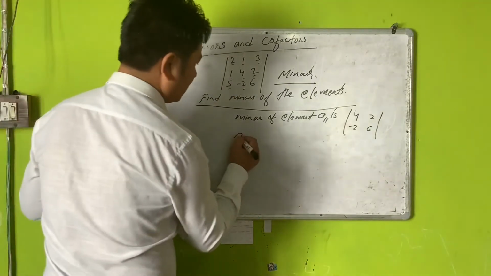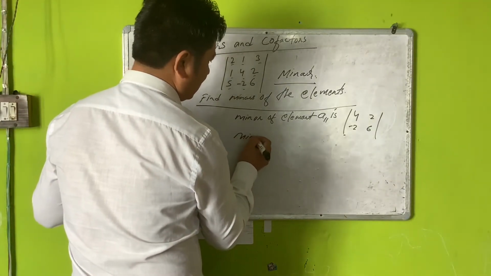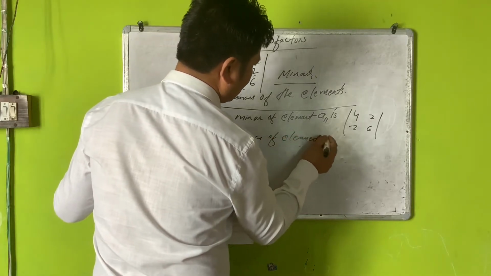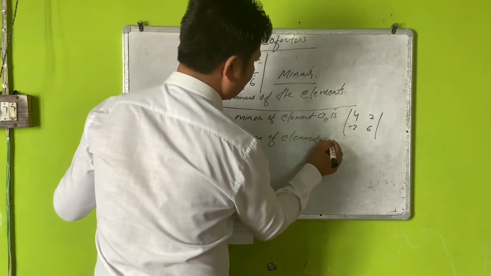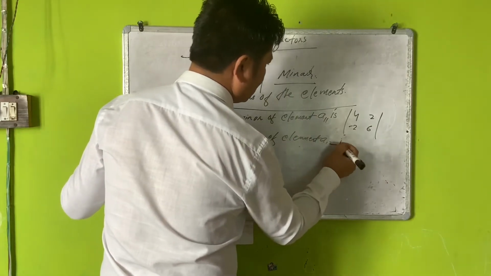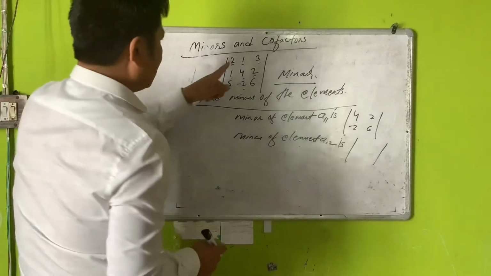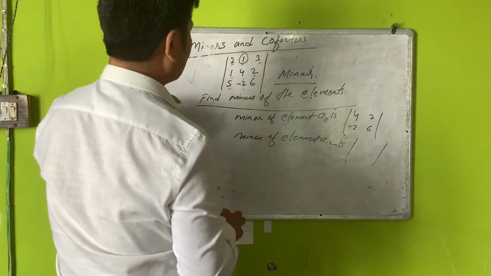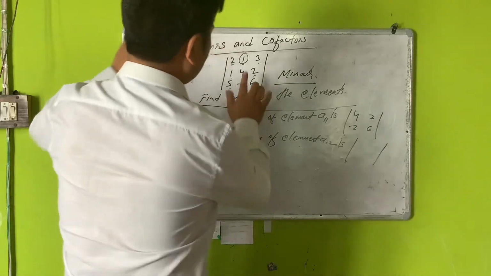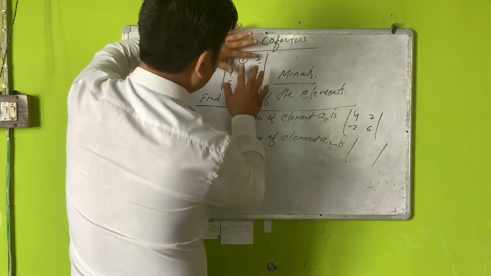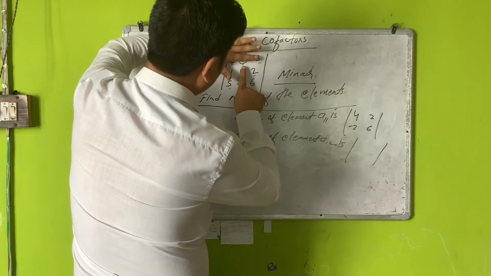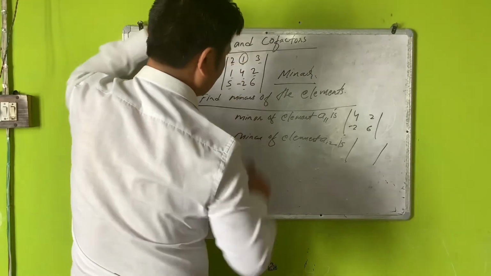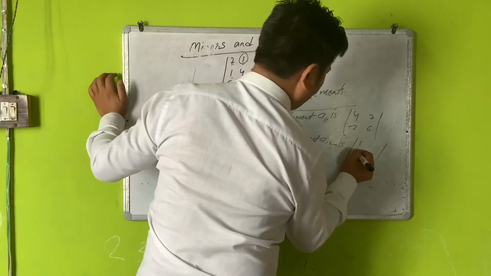Likewise, minor of element A12. For this particular A12, you can see the row and column through it get hidden, and you get 1, 5, 2, 6.